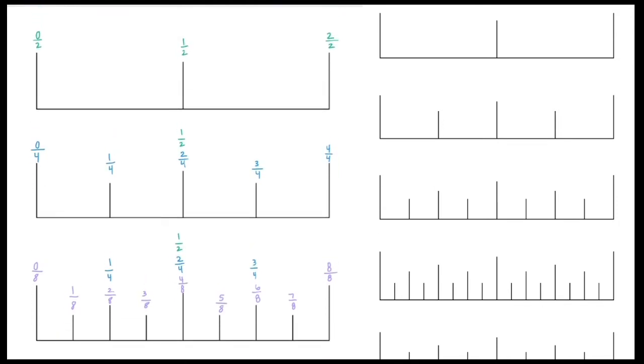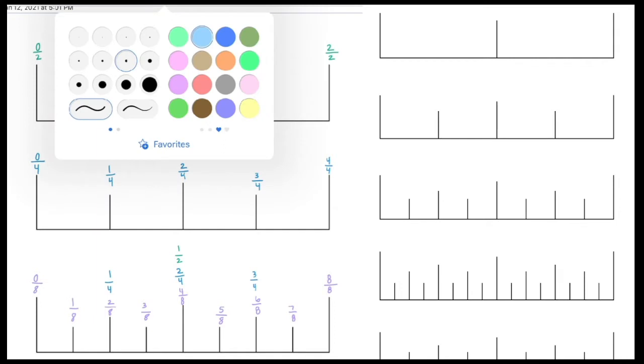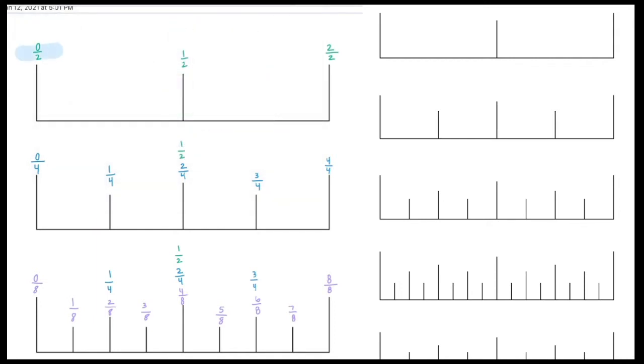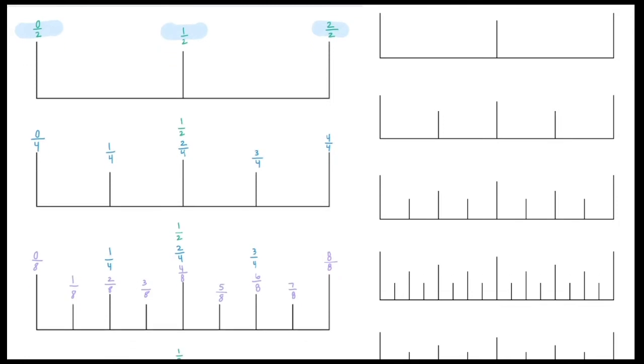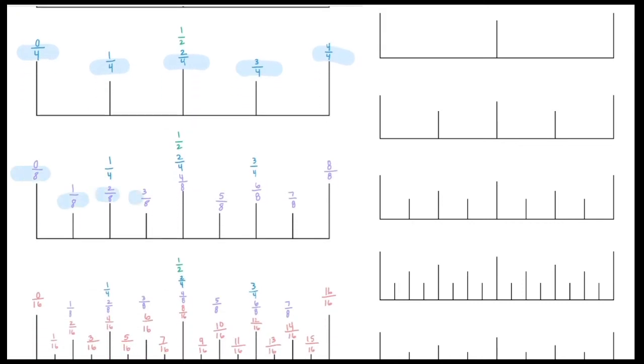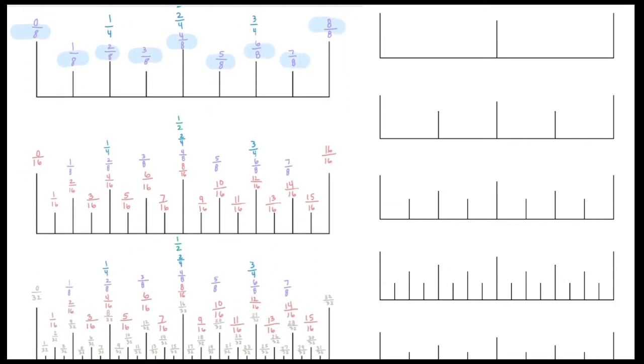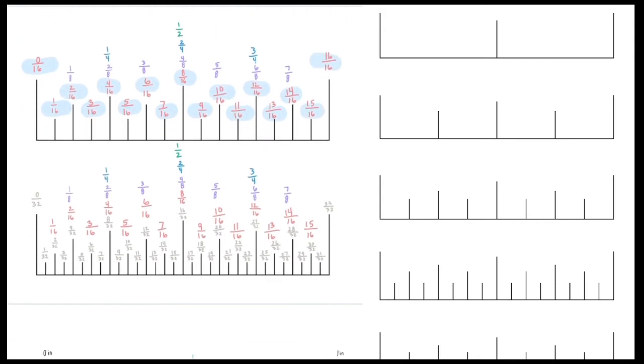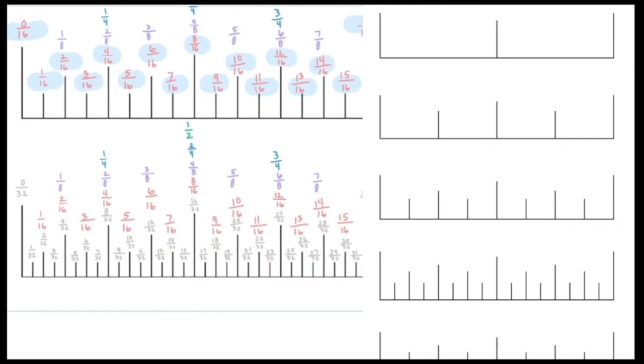So on this first row, we have our single inch divided up in halves. The next row, we divide it up into fourths, followed by dividing it up into eighths. Then sixteenths. And lastly, 32nds.